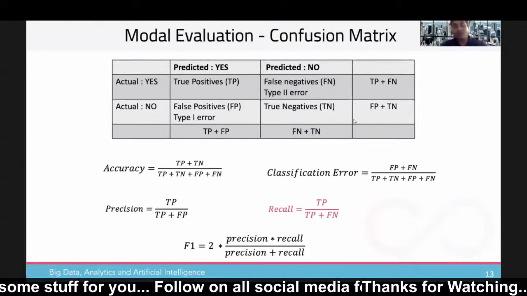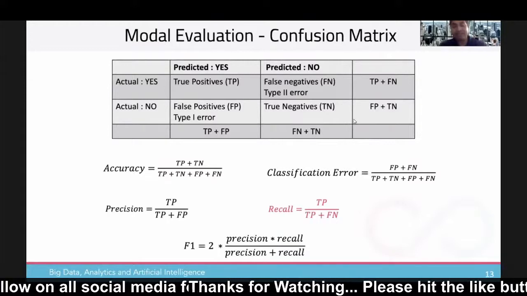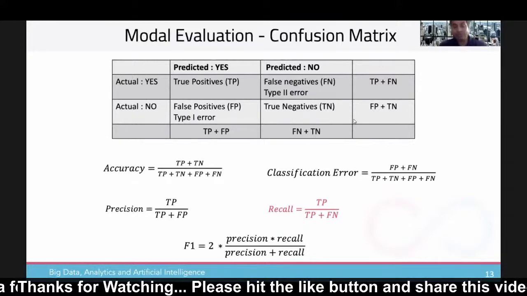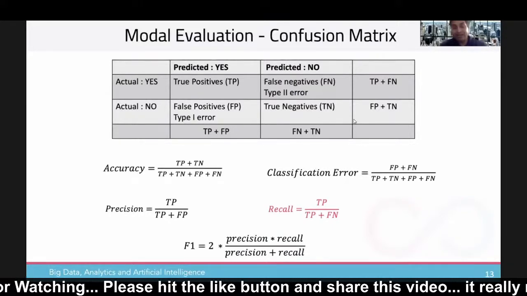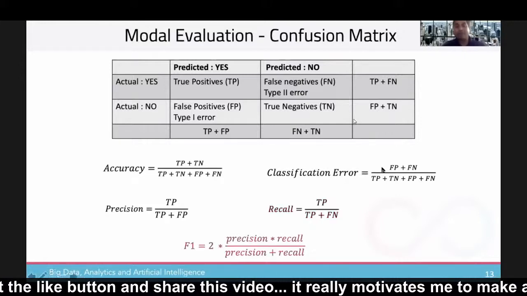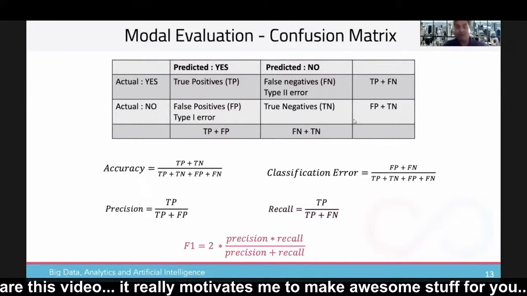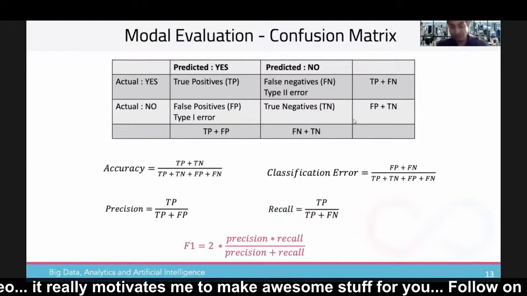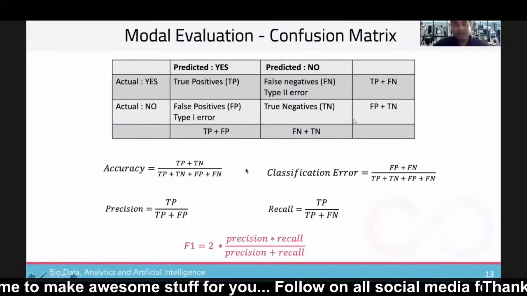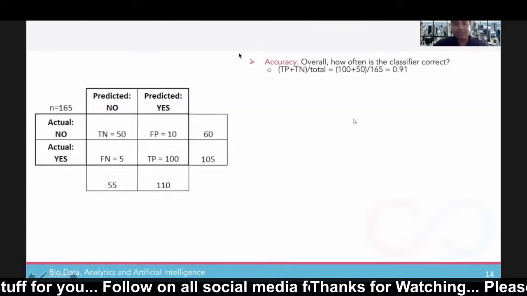We have these two parameters, precision and recall, which create the confidence of the algorithm in determining a positive outcome, and from them we can create a harmonic mean, which is F1: 2 multiplied by precision multiplied by recall, divided by precision plus recall. It means the multiplication will take away the errors of these large deviations.